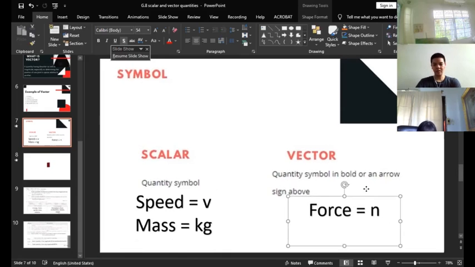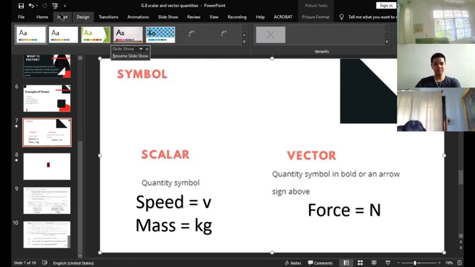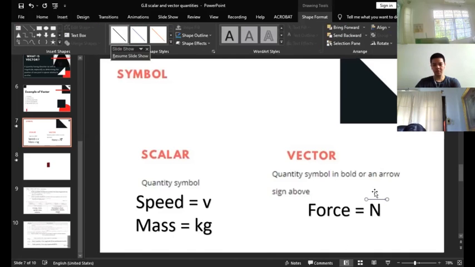So that's why even if the symbol is N, you need to draw a line or an arrow above your symbol. Okay. So this is the examples of vector symbols.